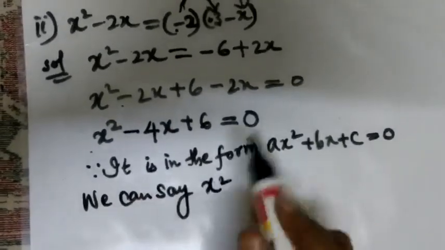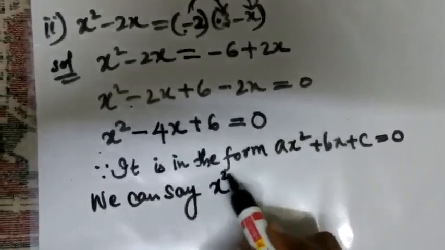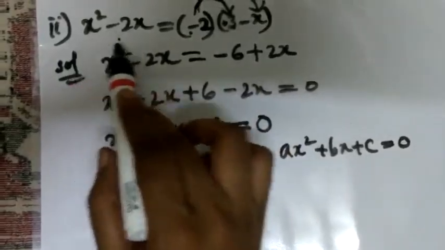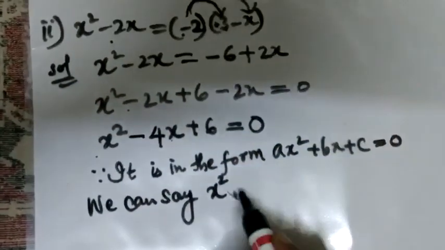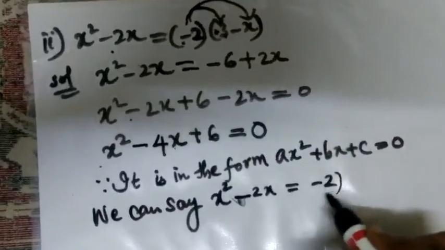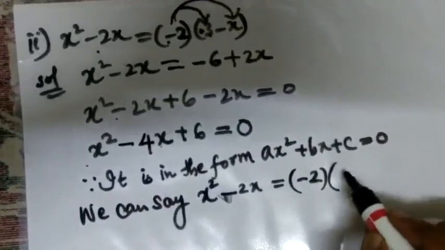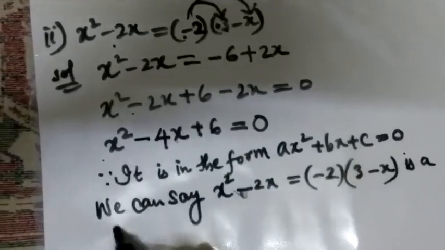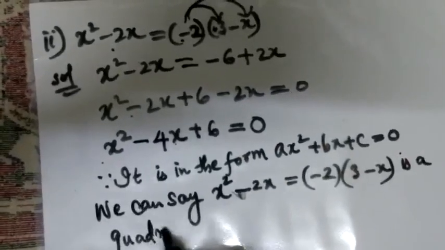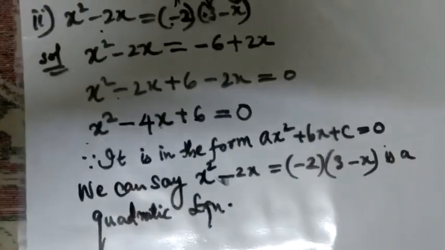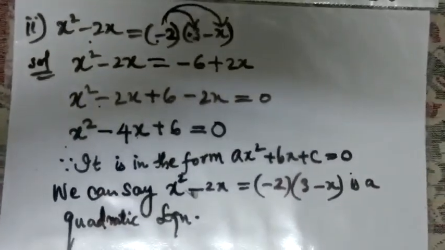What's the question? You don't have to write this equation is a quadratic. You have to talk about this because he asked whether they are quadratic or not. X square minus 2x equals to minus 2 into 3 minus x is a quadratic equation. Done. So by this we have completed question number 1, second bit.